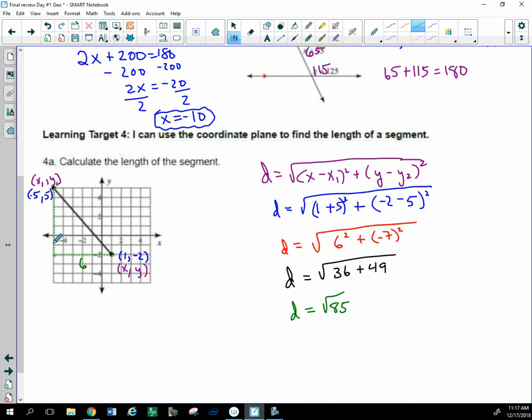And this distance is 1, 2, 3, 4, 5, 6, 7. So I have those two side lengths, and this side would be my hypotenuse. That gives me 7 squared plus 6 squared equals c squared, which is 49 plus 36 equals c squared. So 85 equals c squared, and the square root of 85 is c, which is the same thing.